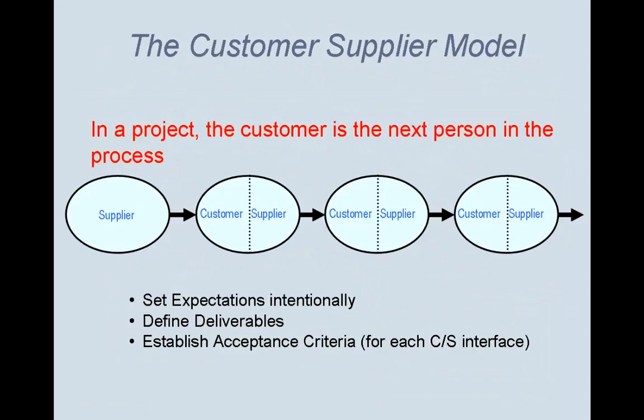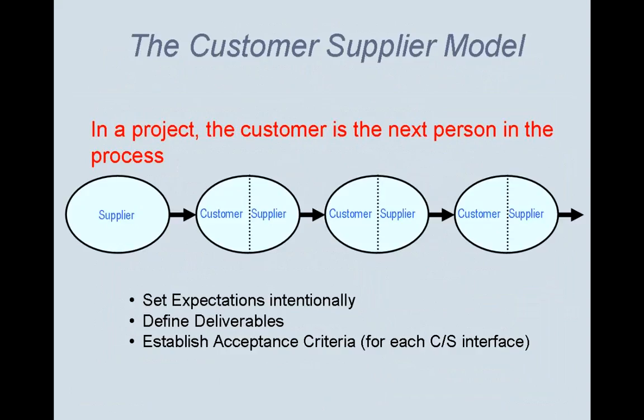Secondly, we should be defining clearly what the deliverable is. What exactly are you producing, so that both customer and supplier are in agreement on what that is. And another thing that should occur, before you begin the actual implementation of building or developing this product or deliverable, is to establish acceptance criteria.